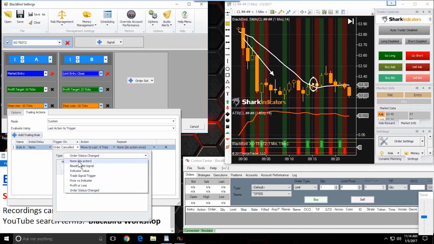So I'm going to take a look at the question board, see if there are any questions on any of these trigger events. All right, Jeff has a question about these trailing rules: are they evaluating tick by tick or when the bar closes? Okay, let's go back to this indicator price versus indicator example here.